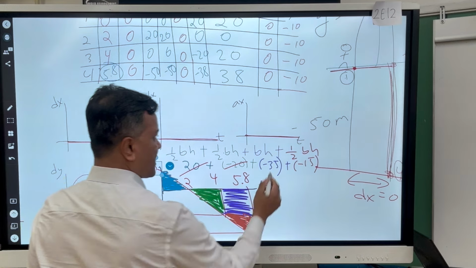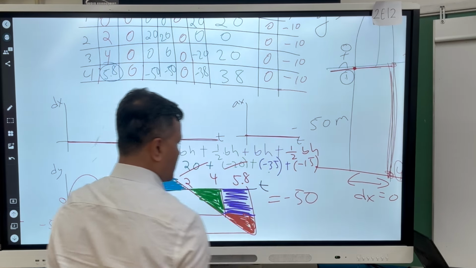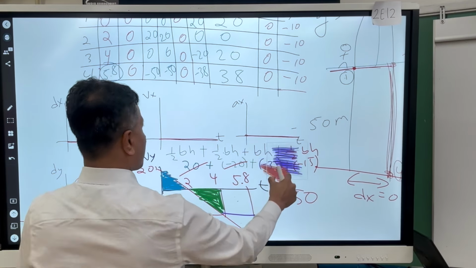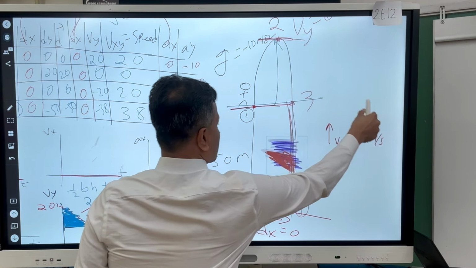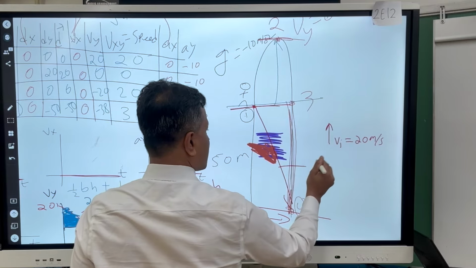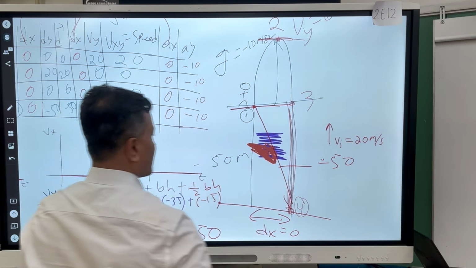This one cancels, negative 15, negative 15. So this one is equal to what? This displacement. And this is negative 50. Okay, great.